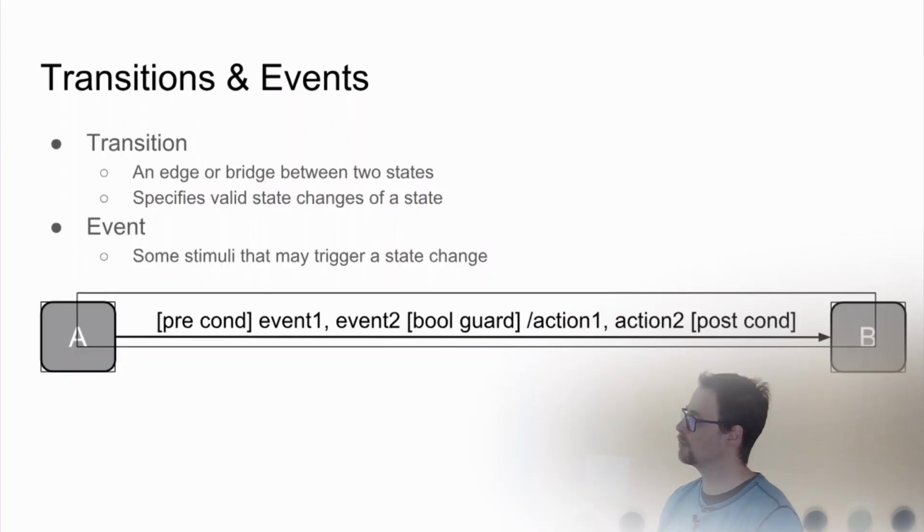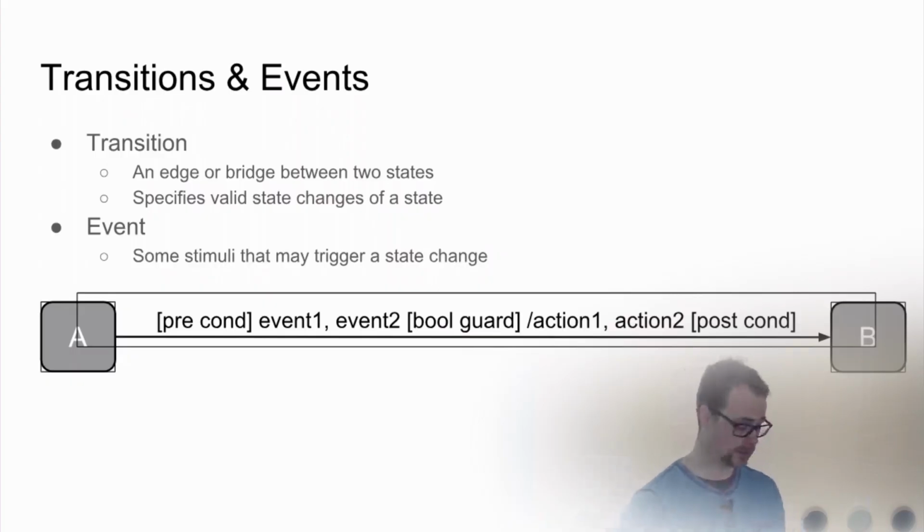So from a state, you cannot have two transitions with the exact same event, because then the machine cannot know which it should take. So we model using deterministic state machines.